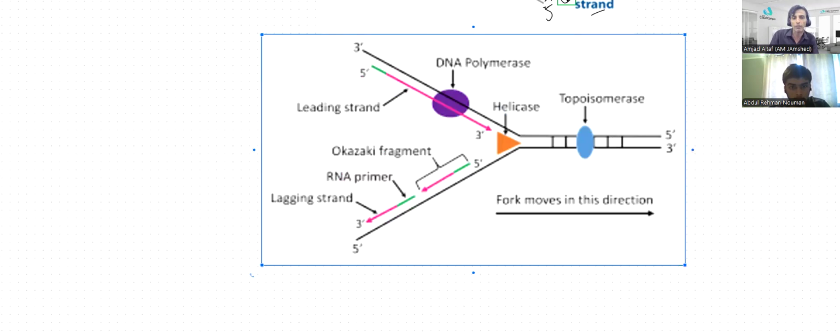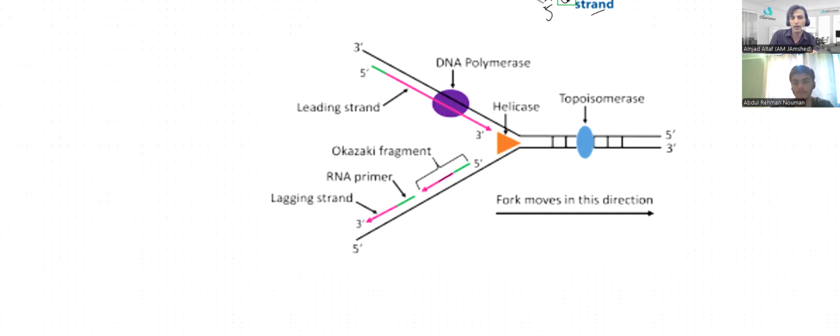So this RNA polymerase has to come and bind on this place, and this is the 5 prime, and at this 5 prime, the RNA primer will attach. When it attaches, that is the message for the DNA polymerase to add new nucleotides just after this primer, and it is going to do that like this.